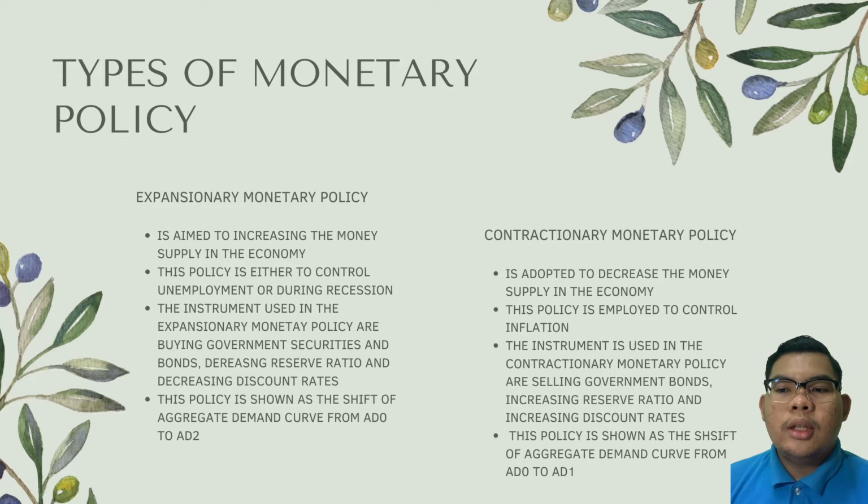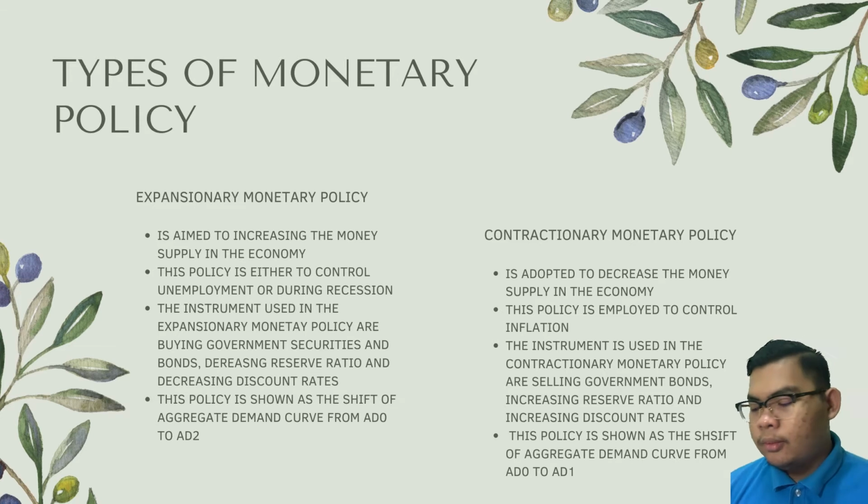The instruments used in the expansionary monetary policy are buying government securities and bonds, decreasing the reserve ratio, and decreasing the discount rate. Last but not least, this policy is shown as the shift of the aggregate demand curve from AD0 to AD2.